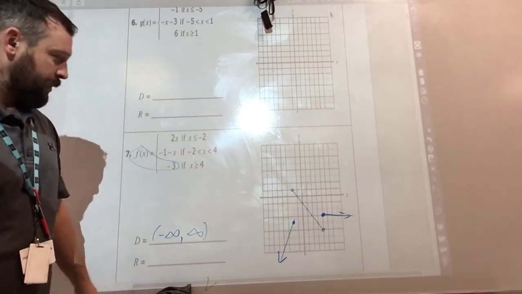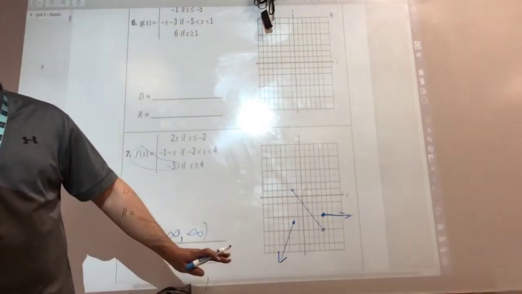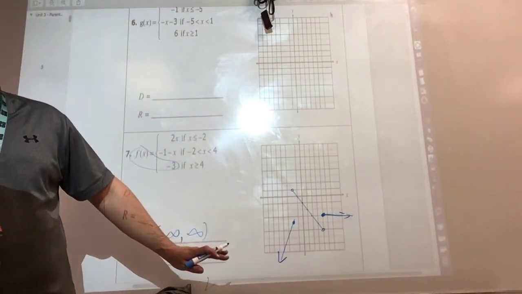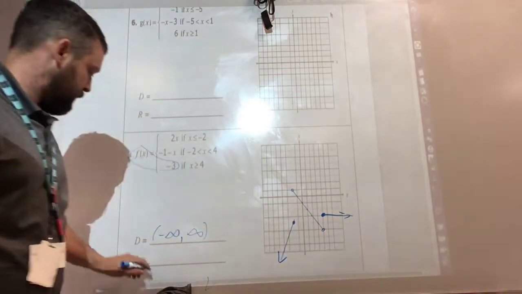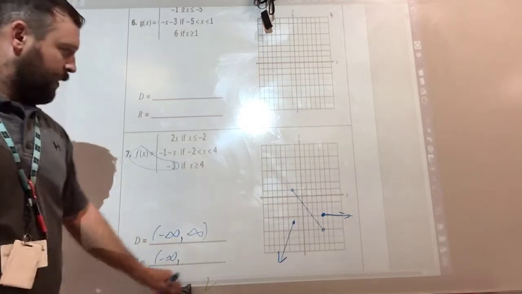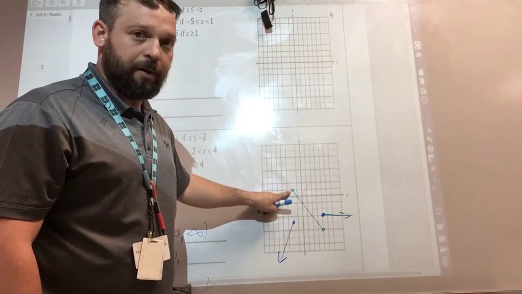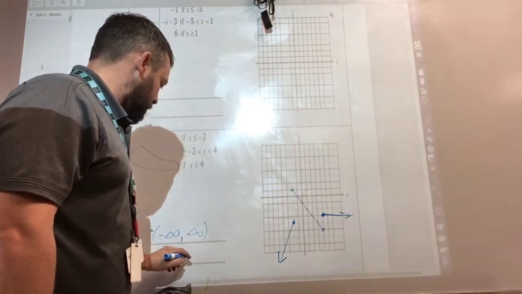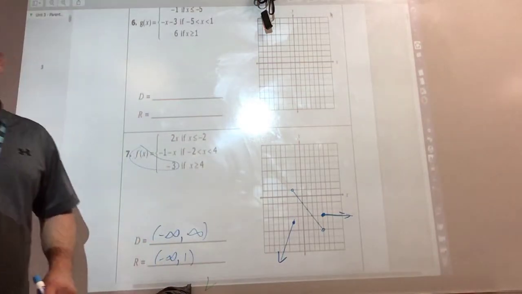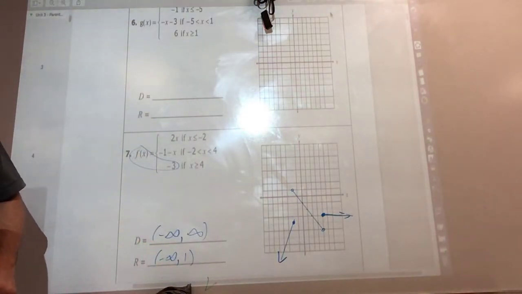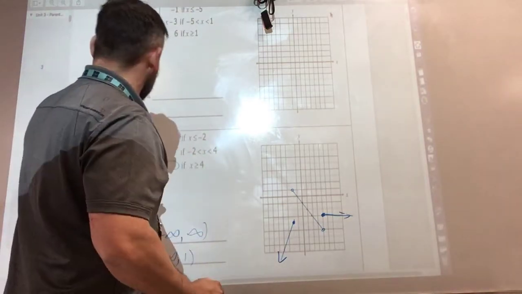Your range is going to come from negative infinity up to 1 on the y-axis, but see how it's got the hollow dot? That means you're going to have a 1 and a parenthesis.